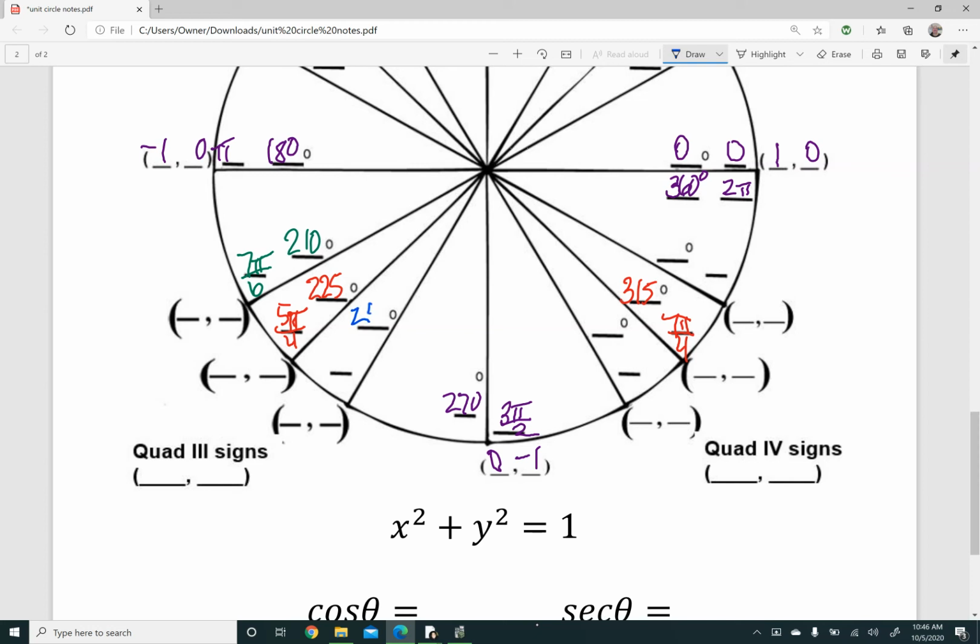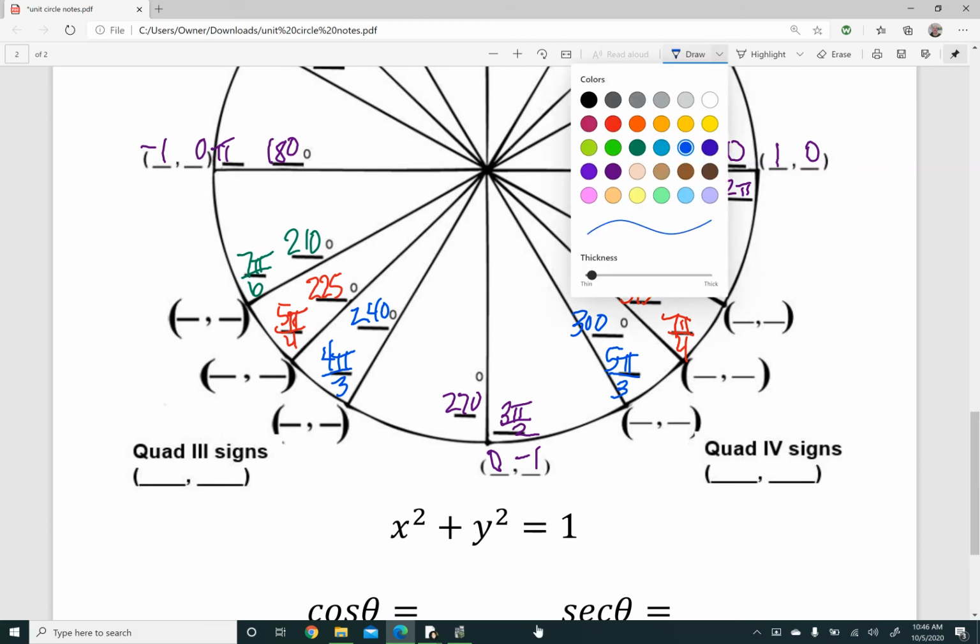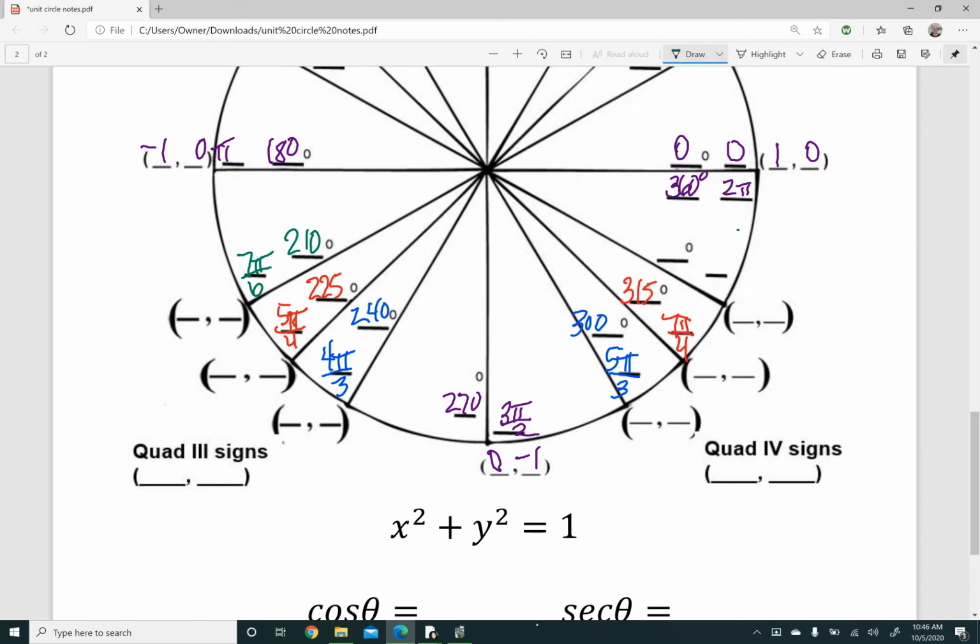Plus 30 makes 240. 7/6, 8/6 makes 4 pi over 3. 270, 300. So 8/6, 9/6, 10/6 makes 5 pi over 3. And the last one here is 330, or 11 pi over 6.